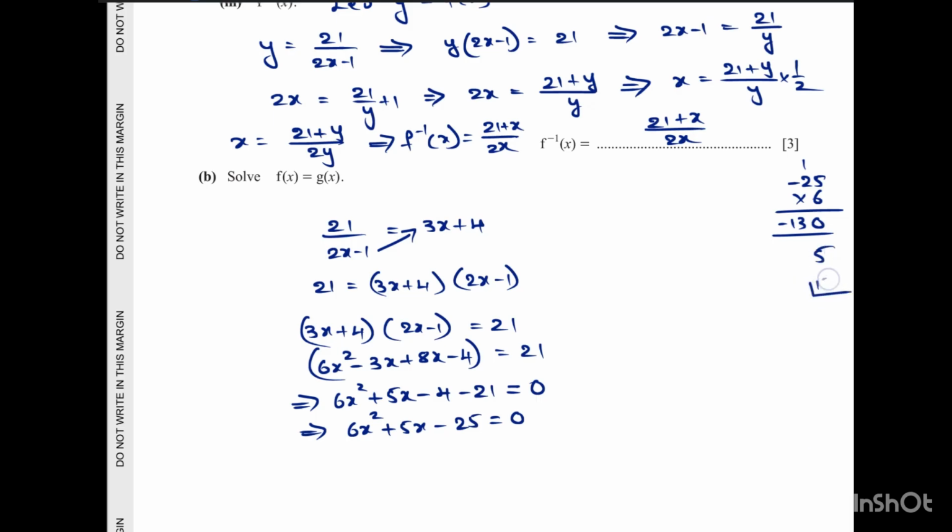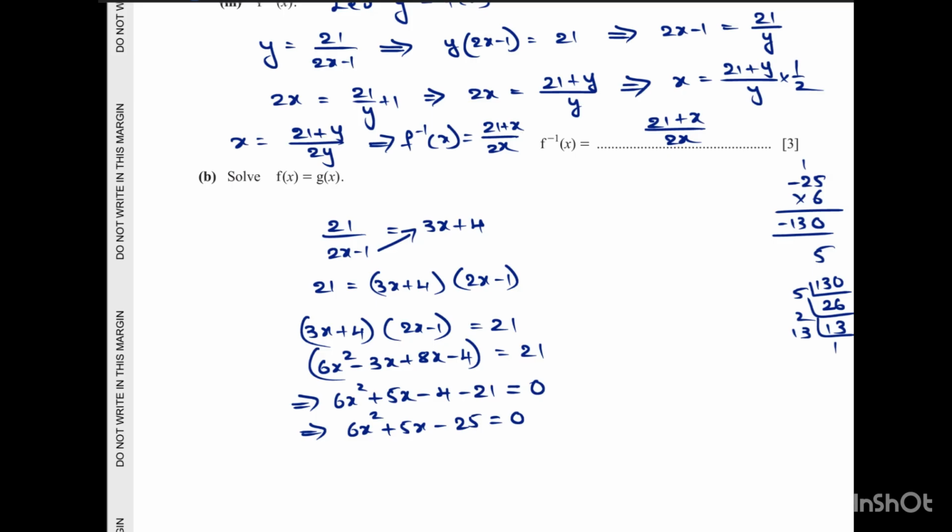So factorize 130 here. 5 2s are 10, 5 6 are 30, 5 into 13. 5 2 and 13, you need to get the sum as 5 here.